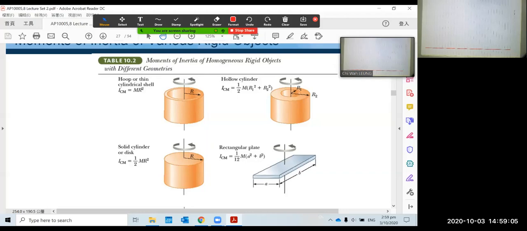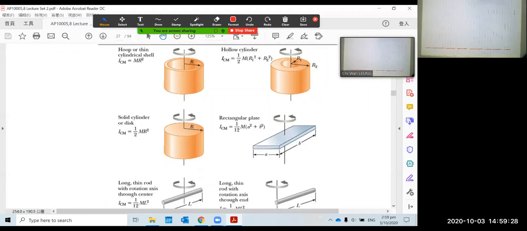In that case, the total moment of inertia for this hollow shell will be equal to mr squared. Or for the case of a solid cylinder rotating about the long axis, it will be 1/2 mr squared. So there is a difference between the cases.